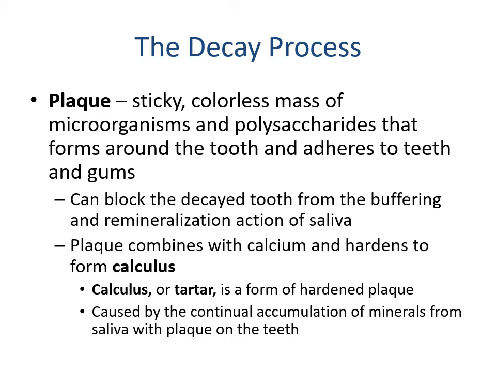The concern is that plaque can combine with calcium and harden to form calculus, or tartar, which is hardened plaque. This is caused by the continual accumulation of minerals from the saliva with the plaque on the teeth. Plaque you can remove with a toothbrush, whereas tartar or calculus has to be removed with dental picks.